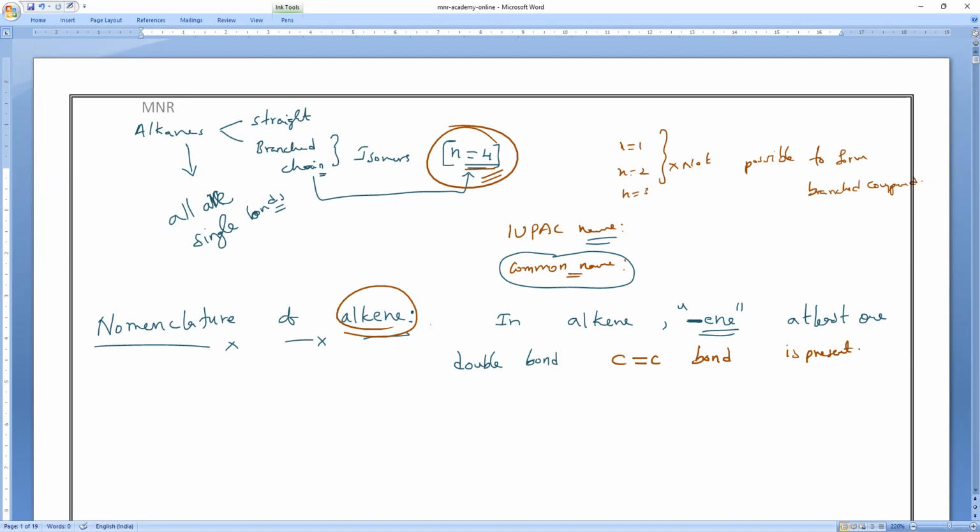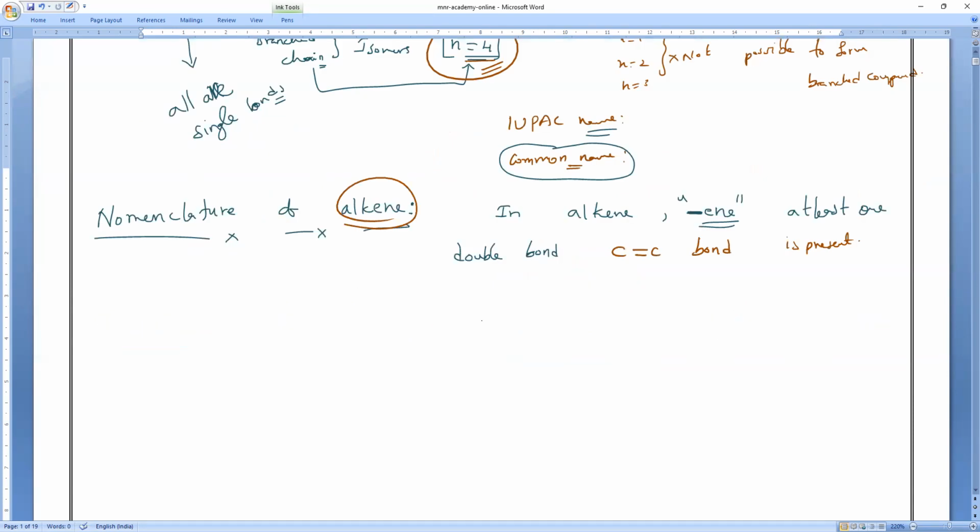So the first member of this series will have n equals 1 or n equals 2? n equals 1 is not possible. So always alkenes and alkynes, the unsaturated hydrocarbons, start from n equals 2 only.